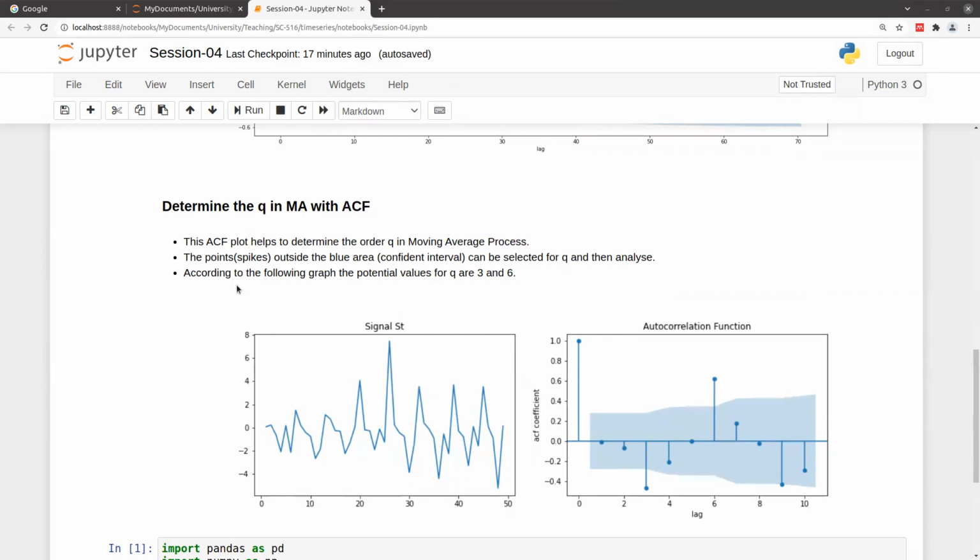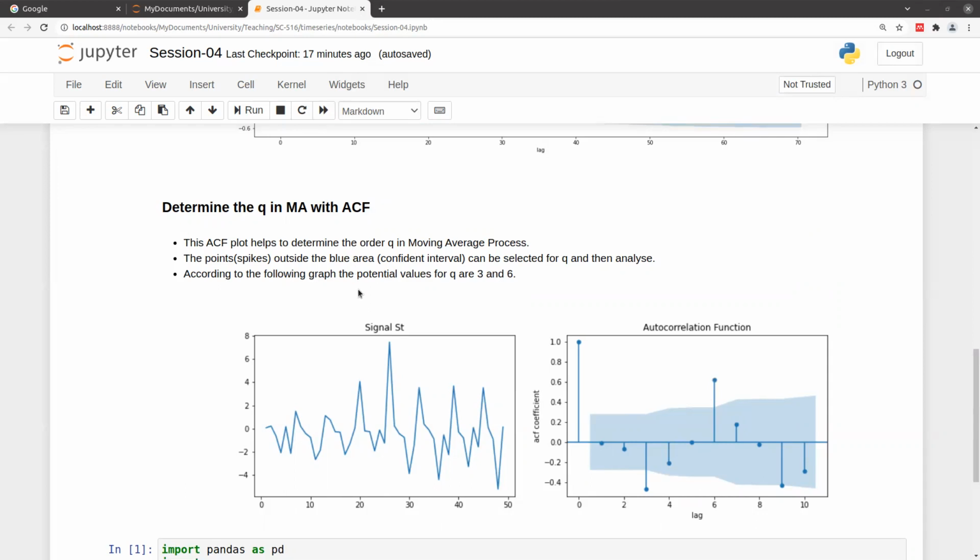You can see there are two spikes outside this confidence interval. In that case, we have to select these two, lag 3 and lag 6, as the values for the Q parameter in the MA process.